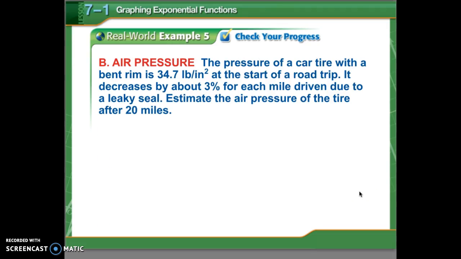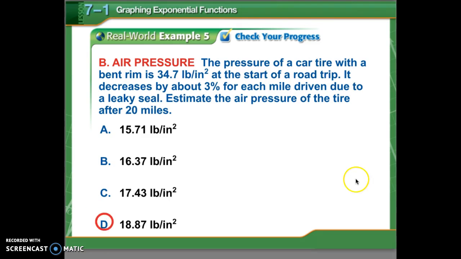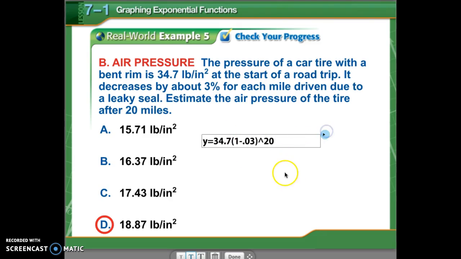All right, our answer this time is choice D. You should have set up an equation that looks like y equals 34.7 times (1 minus 0.03) to the 20th power, and that will give you an answer of 18.87 pounds per square inch. All right, that's the end of Unit 3, Lesson 1 on graphing exponential functions.